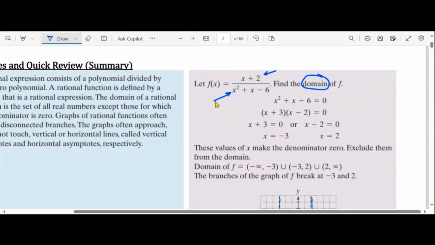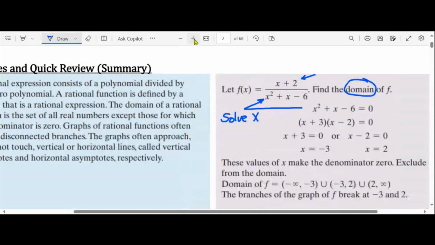You are dealing with the bottom only, which is called the denominator. So we take the denominator, make it equal to 0, and then solve for x. So I have x squared plus x minus 6.